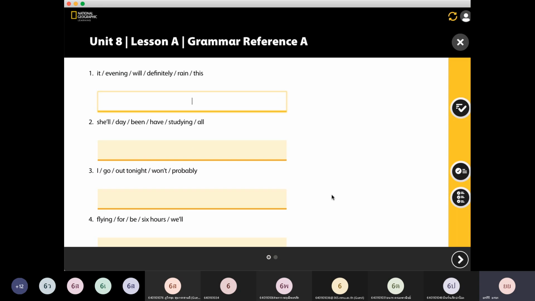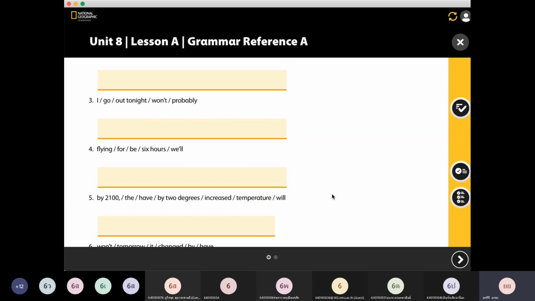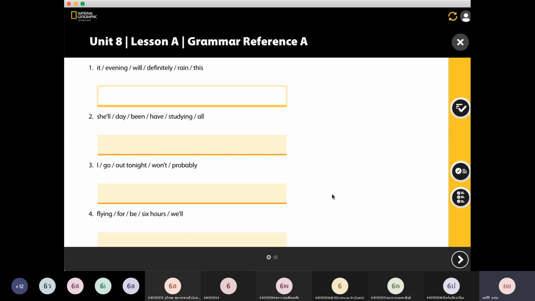I'll give you approximately 5 minutes to rearrange all the words, to practice the forms and how you form sentences for the different types of future.